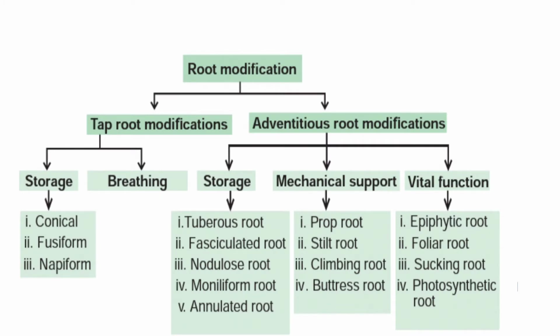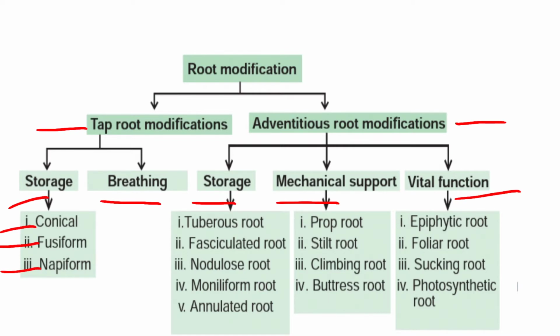So first, the root modification is divided into taproot modification and adventitious root modification. The taproot is divided into two, that is storage and breathing roots. The storage is further divided into conical, fusiform and napiform. But the adventitious is divided into three: storage, mechanical support and vital functions.